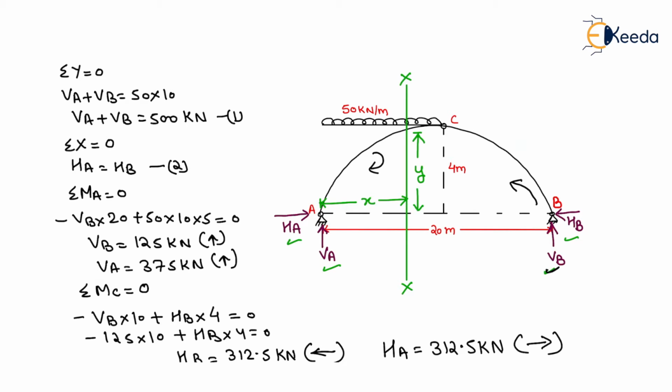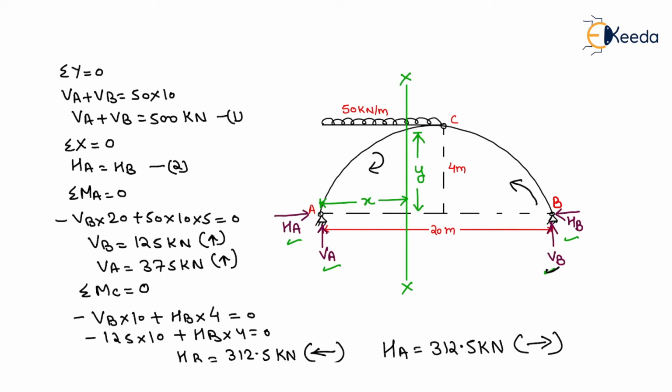Okay students. So we have determined the value of VA equal to 375 kilonewton, VB equal to 125 kilonewton, HB equal to 312.5 kilonewton acting in the leftward direction, and HA equal to 312.5 kilonewton acting in the rightward direction.